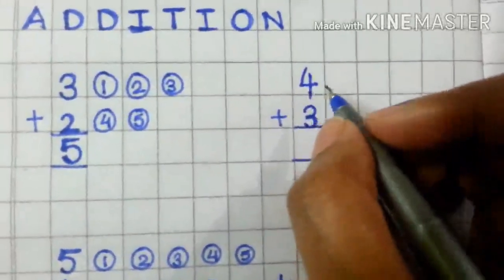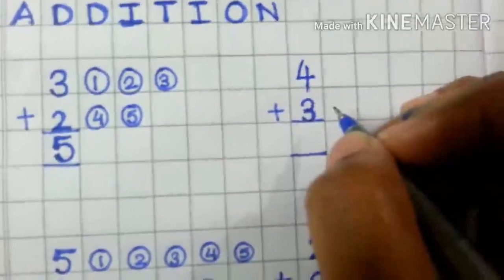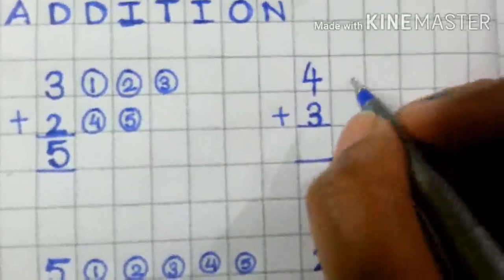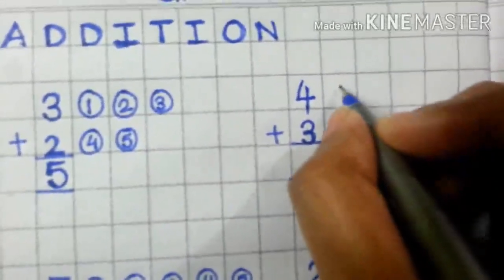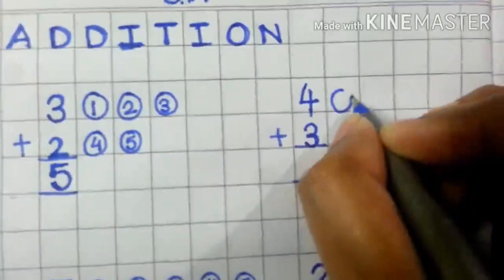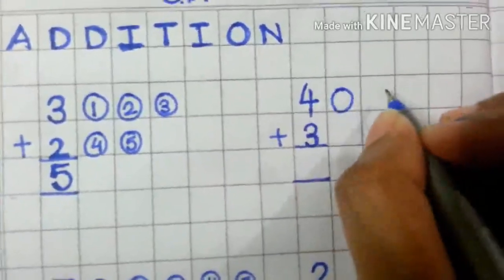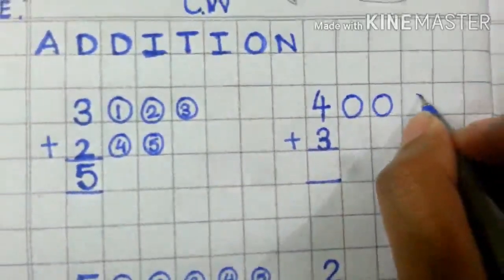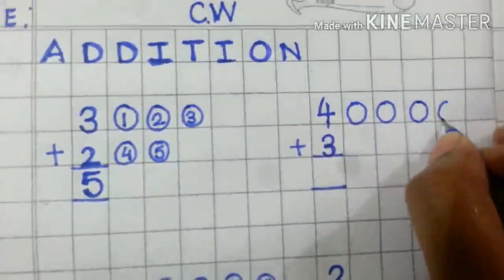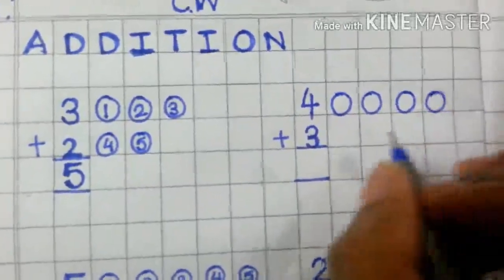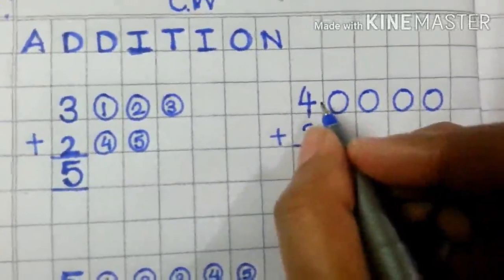Now for 4, how many marbles we will draw for number 4? 4 marbles. We will draw 4 marbles for number 4. Let's draw with me. 1, 2, 3, 4. 4 marbles for number 4.